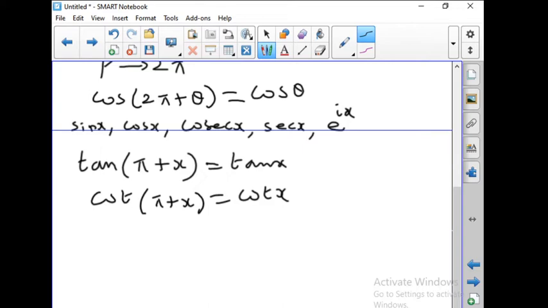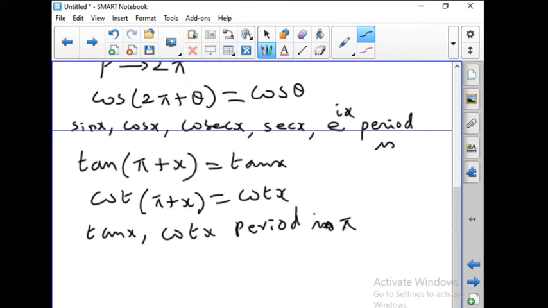Therefore, the period of tan x and cot x is pi. Sin x, cos x, cosecant x, secant x, e power ix have period 2 pi, but tan x and cot x have period pi.